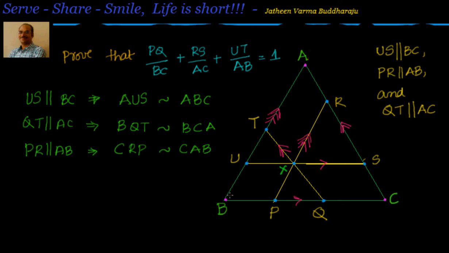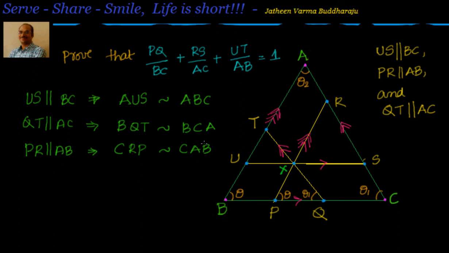I'll start with the angles. Let us say this angle is theta, this angle is theta 1, this angle is theta 2. So if angle ABC is theta, then angle RPC is also theta. We know that. Similarly, if angle ACB is theta 1, angle TQB is also theta 1.